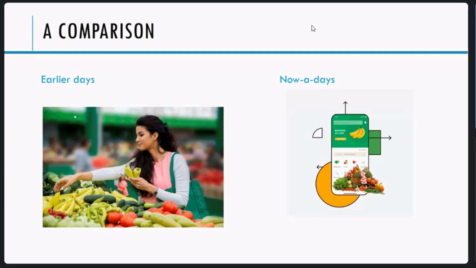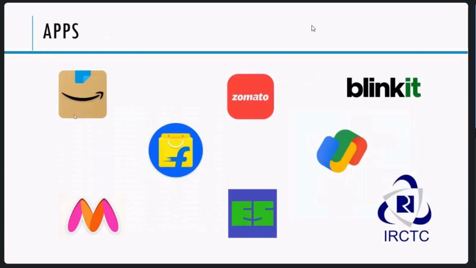You can see so many apps are working on it. I have listed some of the apps: Amazon, Zomato, Flipkart, Myntra, Google Pay, Blinkit, IRCTC, and so many apps are being developed nowadays, back to back, to help you get your things very quickly at your doorstep. How is this done?